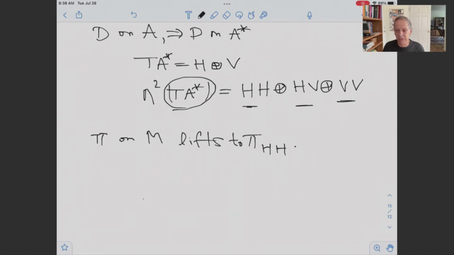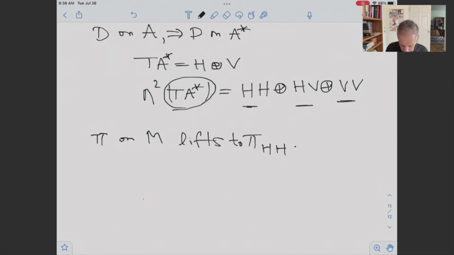It's a bivector field. If the connection happens to be flat, then it's a Poisson structure. But in general, the bracket of pi HH with itself won't even be horizontal. It'll have vertical pieces that involve the curvature of the connection.